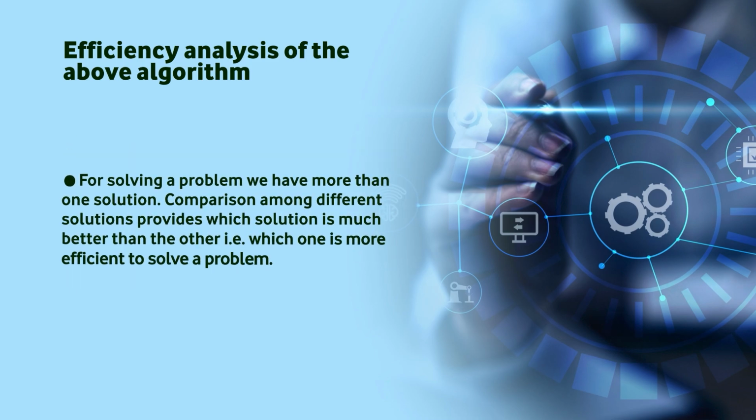For solving a problem, we have more than one solution. Comparison among different solutions shows which solution is better than the other, that is, which one is more efficient. More efficient means, in terms of time complexity, which will take less time.